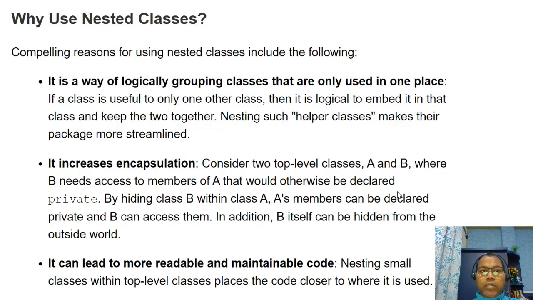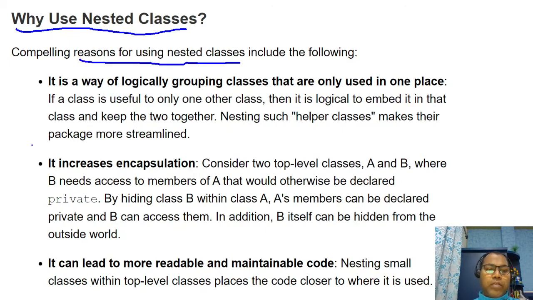Let us discuss why we use nested classes. There are multiple scenarios and situations, but at a high level we can categorize them in three ways. First, it is a way of logically grouping classes that are only used in one place.